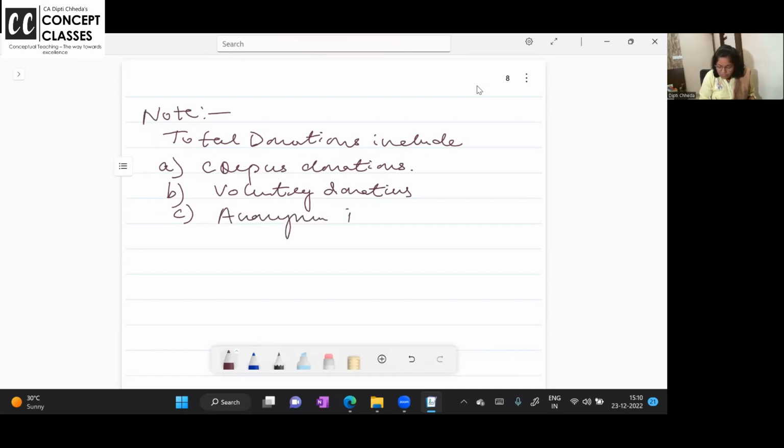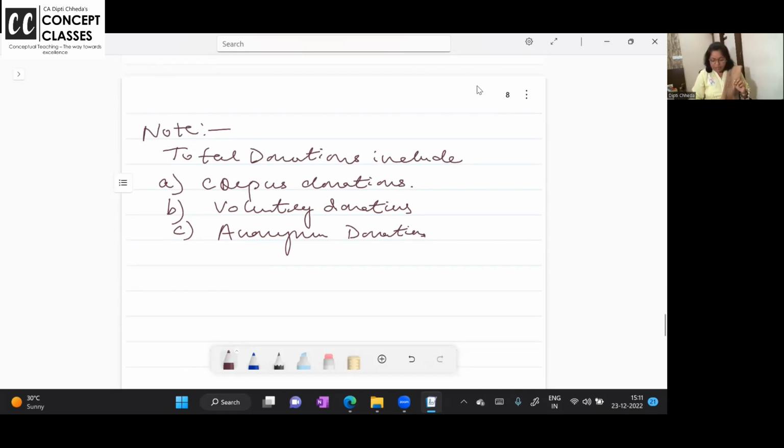Ma'am, but just now you said that corpus donations are not taxable, correct? But to consider 5% of the total donations, corpus donations, voluntary donations, anonymous donations, all are included. Is this clear to all of you? Right? Okay. So this is all about the anonymous donations.